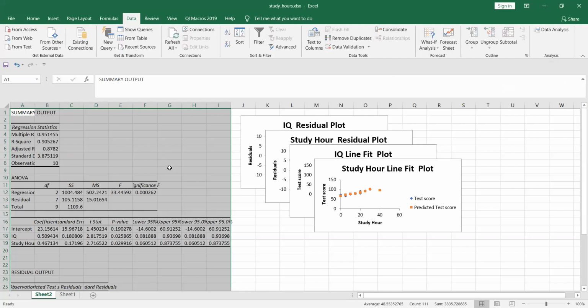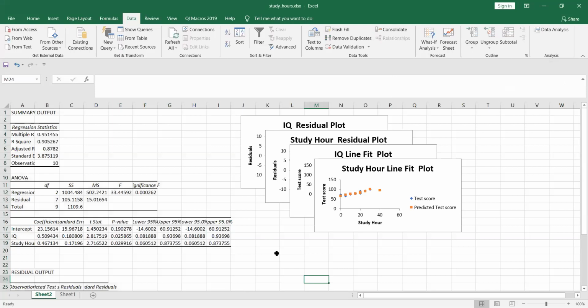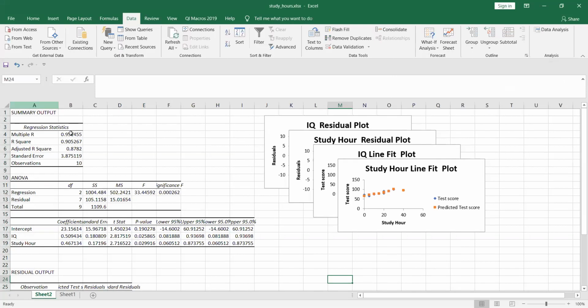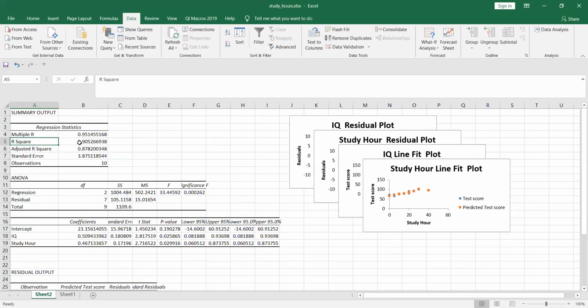Now the analysis is, this is the summary output. Again, the same multiple R is here. R value is the correlation, so there is a strong correlation. This is R square, the square of the difference between predicted and observed. Adjusted R square, then standard error, which shows how much deviation there is in the error.